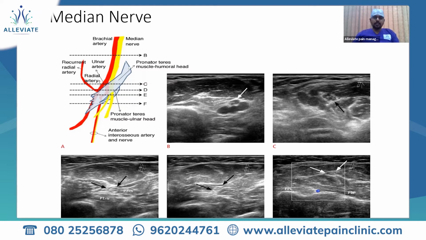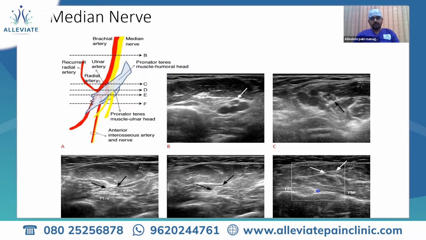As we scan distally, we will reach a point where the brachial artery is dividing into the radial artery and the ulnar artery. That is where again the nerve divides into its branches.